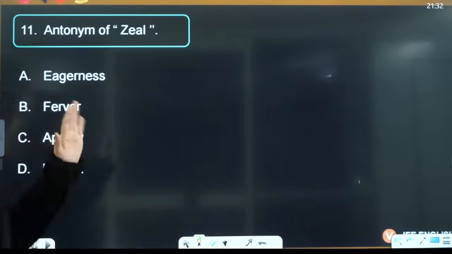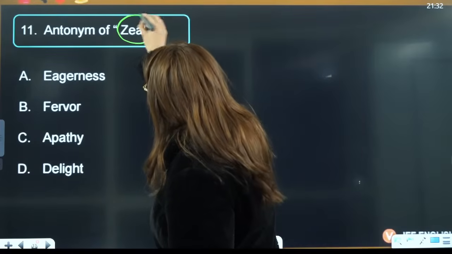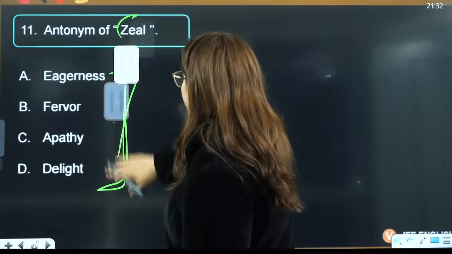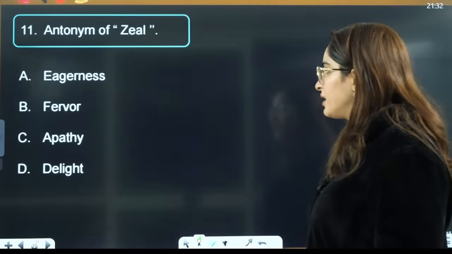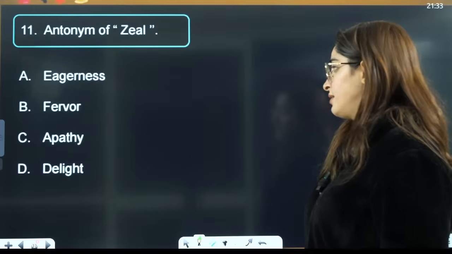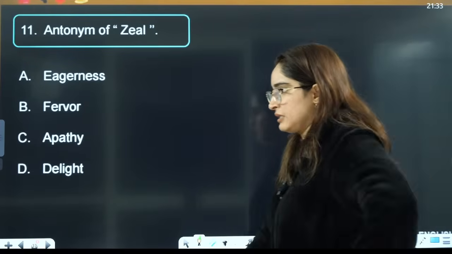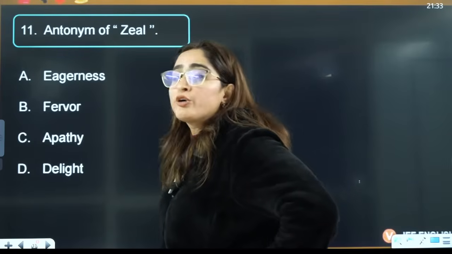At least what I want to tell you is that this word will be tough, these words will be easy. But here this word is also easy. Zeal, I think you should know what zeal is. Zeal is eagerness, fervor, delight, apathy. It's my zeal, I want to do this.